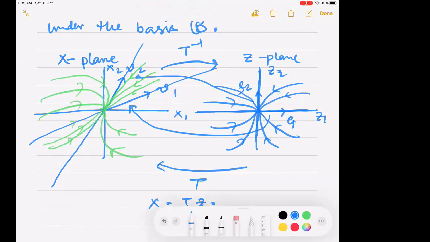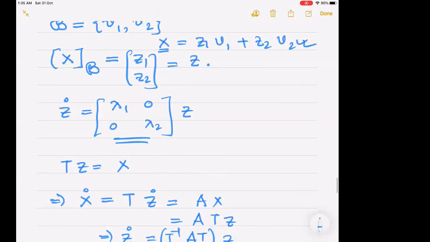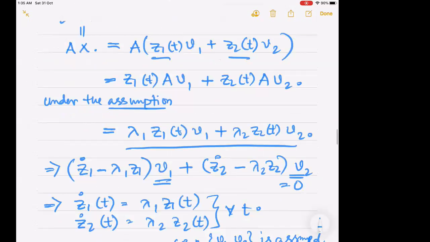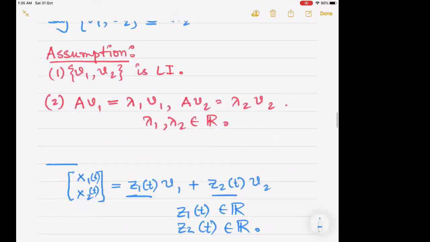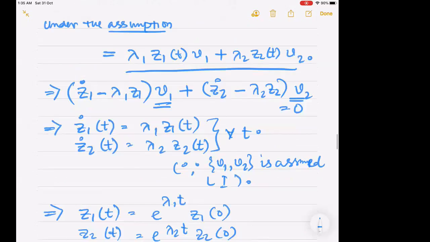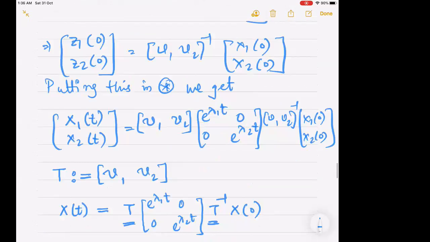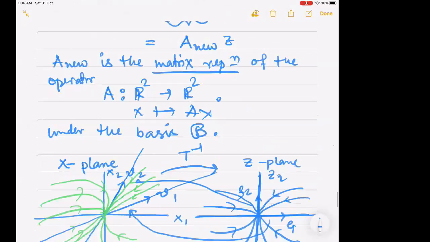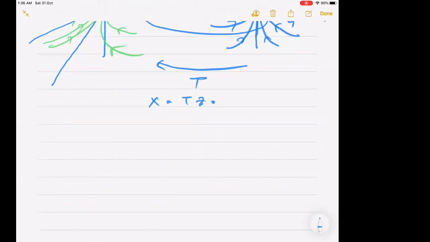If the two assumptions hold, the ones that we have written here, and we succeed in finding vectors v1, v2, then with the help of these I can do this linear change of coordinates so that in the new coordinate system, the equation becomes a diagonal equation. I hope the geometry is also understandable.